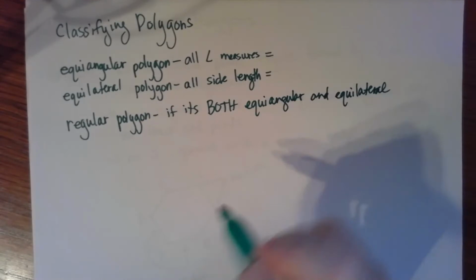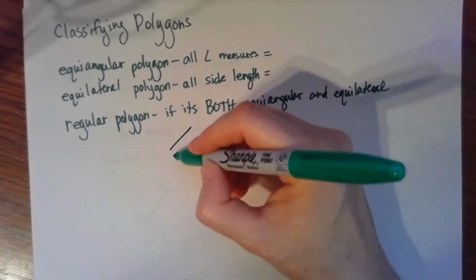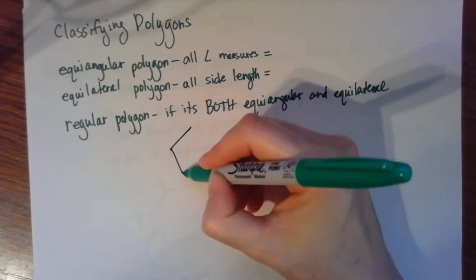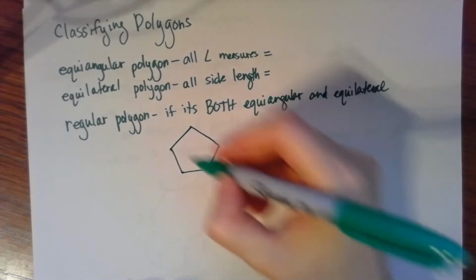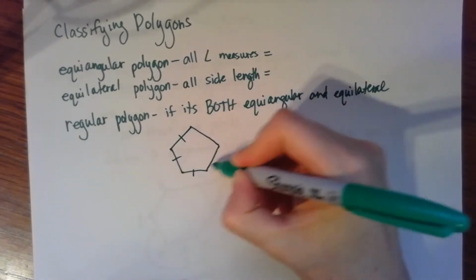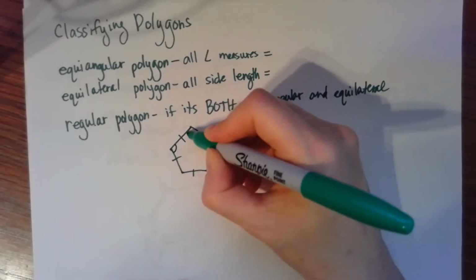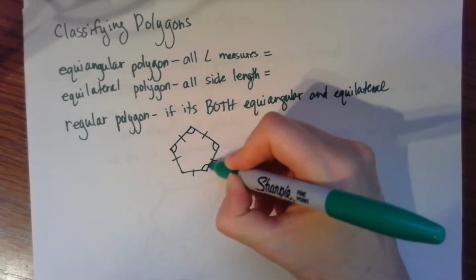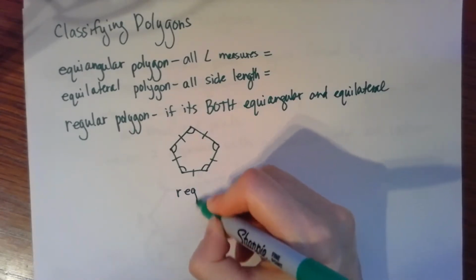Let's say I'll do a pentagon. Let's see if I can try to draw it. So if all of these sides were exactly the same, so it's equilateral, and all of these angles in here were exactly the same, so it's equiangular, this would be regular.